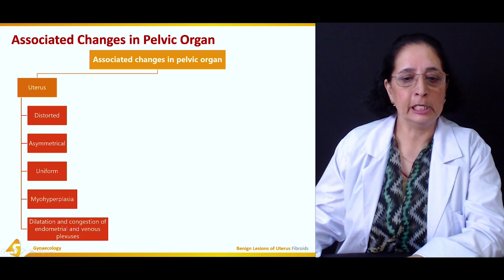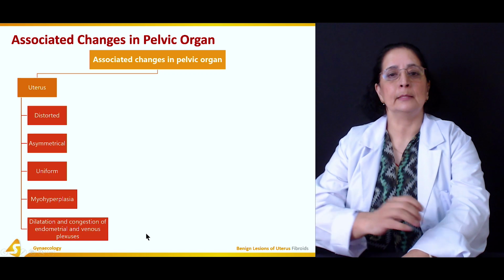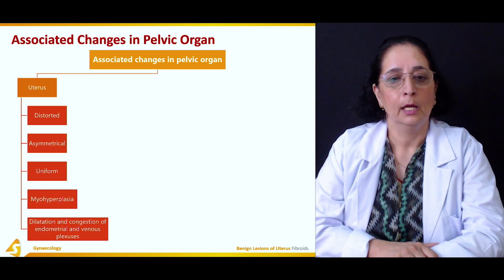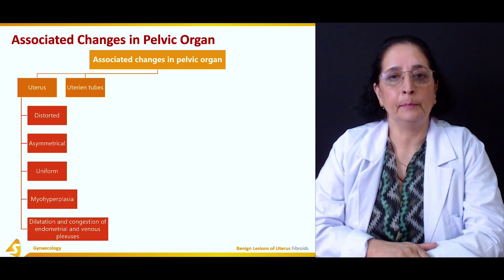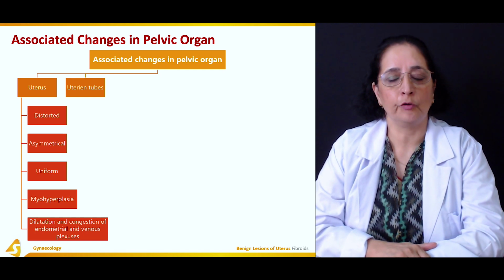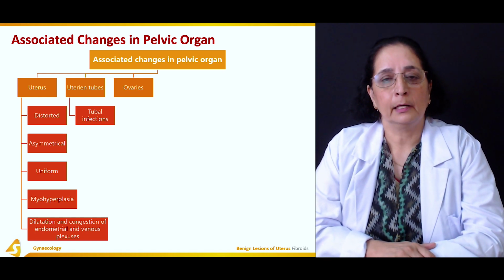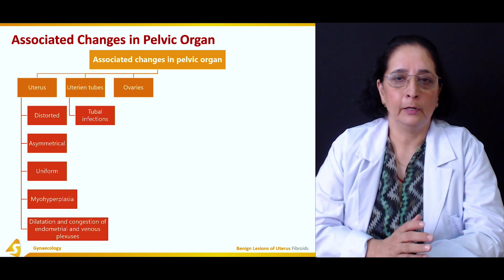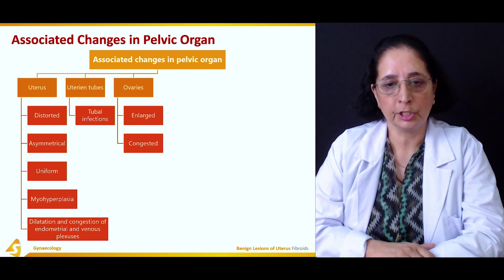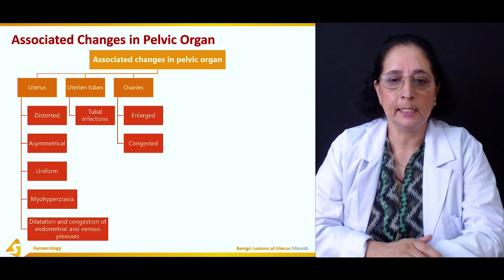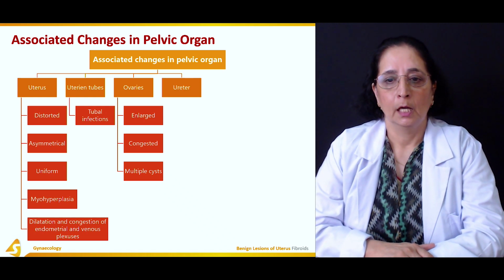There can be dilation and congestion of the endometrial and venous plexus also in the uterus. Then the changes which can take place in the fallopian tube or uterine tube is infection. In the ovaries, they become enlarged, they become congested, there might be multiple cysts present.